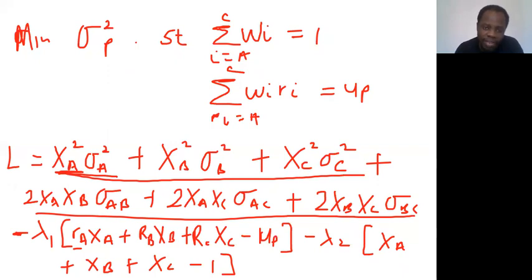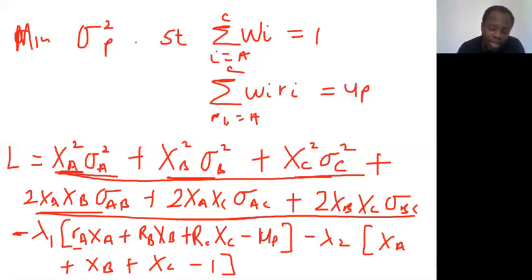There's no A here, I don't differentiate this. But when you come to the fourth component, I have A there. So when I differentiate with respect to A, I'm going to have 2xB covariance of AB. And when you look at the fifth component too, you have 2xAxC, so when you differentiate, you're going to have 2xC covariance of A and C.